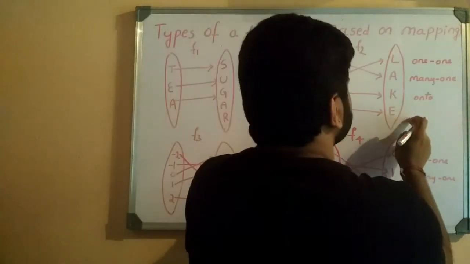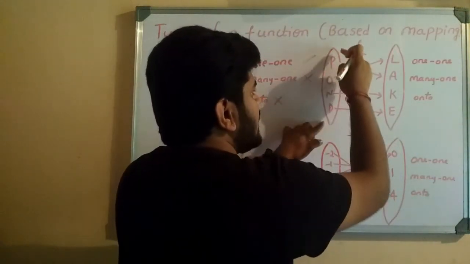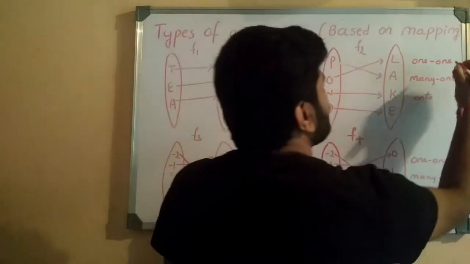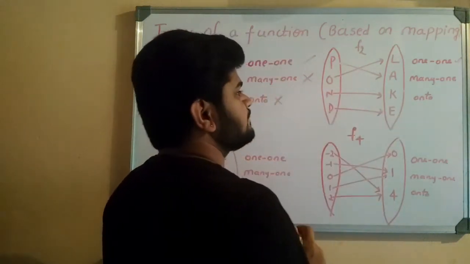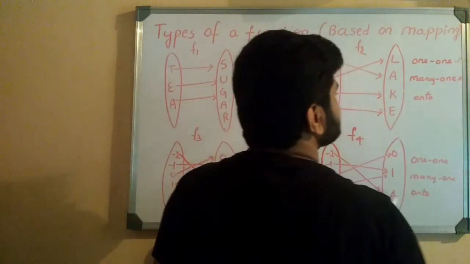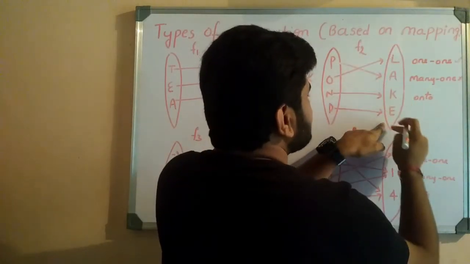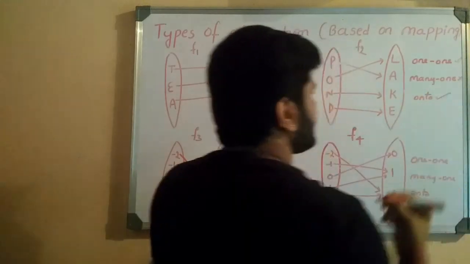So, in the second question, here every element in the domain is involved in the mapping. So this is a one-one function and it has exactly one image. So not a many-one function. Then onto function. Here codomain is equal to range. Therefore this is an onto function.